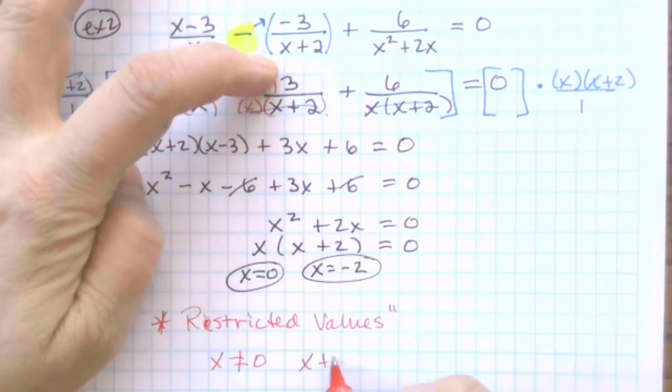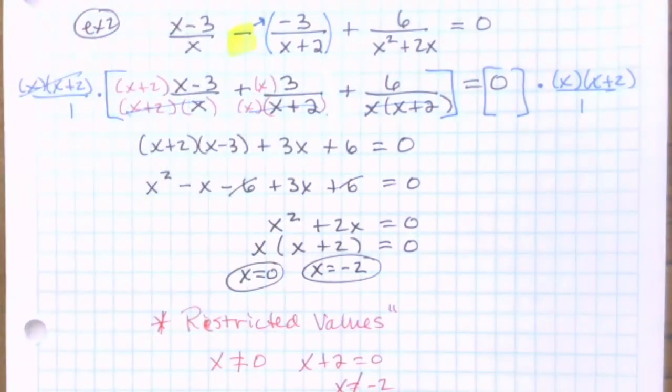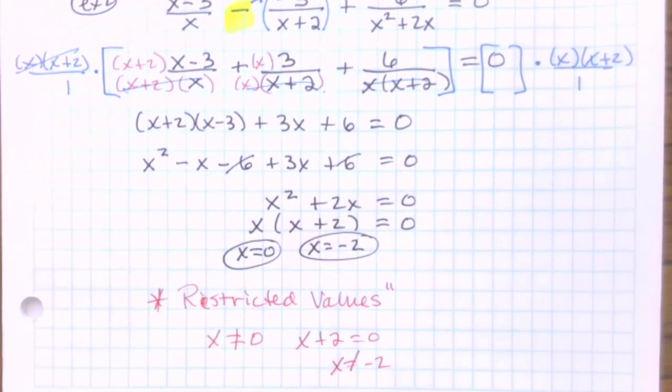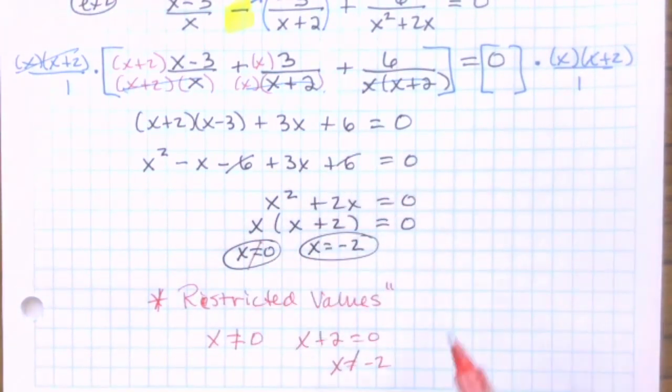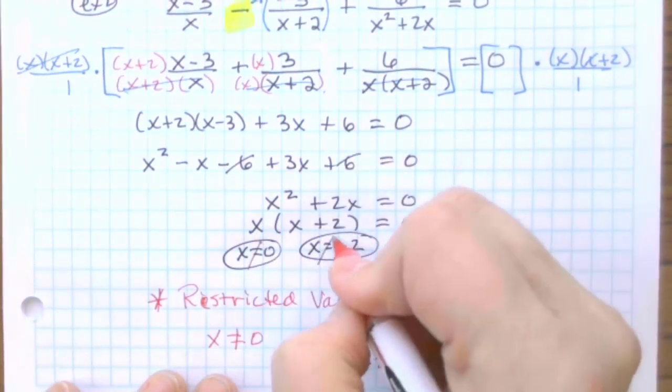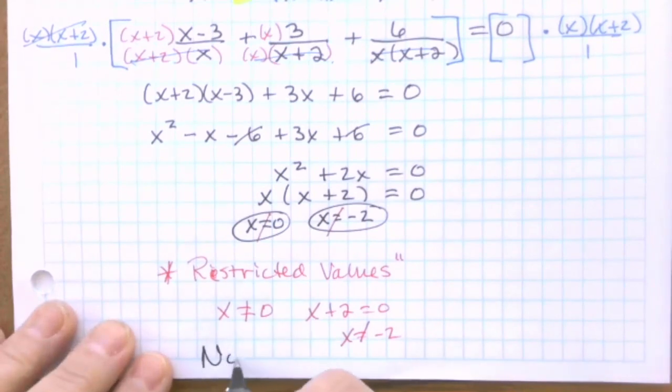When you set x plus 2 equal to 0, x cannot be negative 2. So 0 and negative 2 are not in the domain, so they cannot be solutions. Now, we got a 0, so that is now extraneous. We got a negative 2, that is now extraneous, and there's nothing left. So this is a no solution problem.